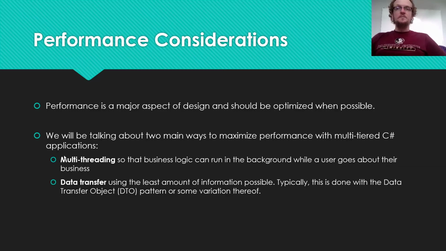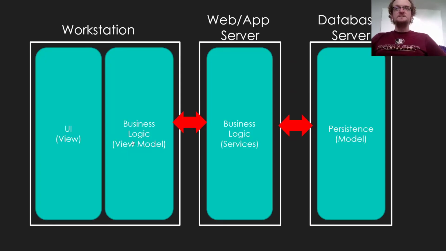So the idea behind multi-threading is you want the situation where a user can press a button and then have something happen, and immediately the user gets the responsiveness of the button back, and they can go along with their life. So they don't necessarily have to wait for this whole chain of events to happen before getting control of the UI again. What you want is your UI to be responsive, which means that you can click a button and then click another button and then click another button, and potentially all of these calculations are not instantaneous.